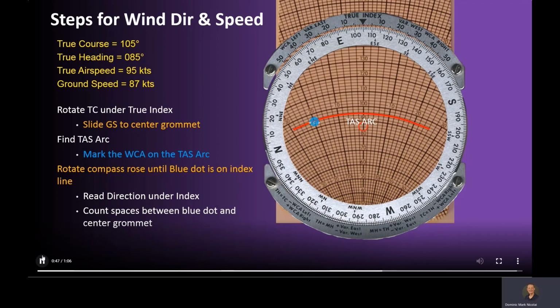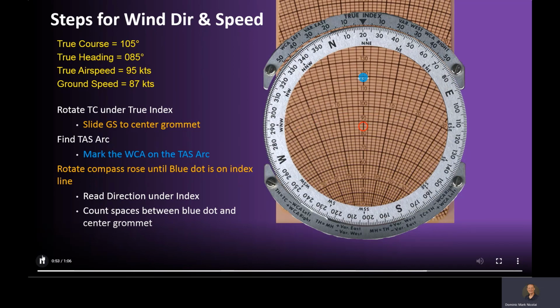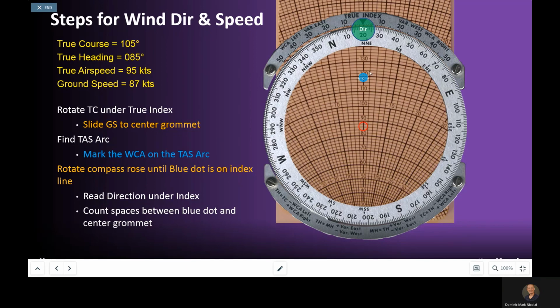At this point, spin to win. Rotate until the blue dot is on your index line. Read the direction under true index. And then count the number of divisions between the two. The number of divisions here is approximately 32.